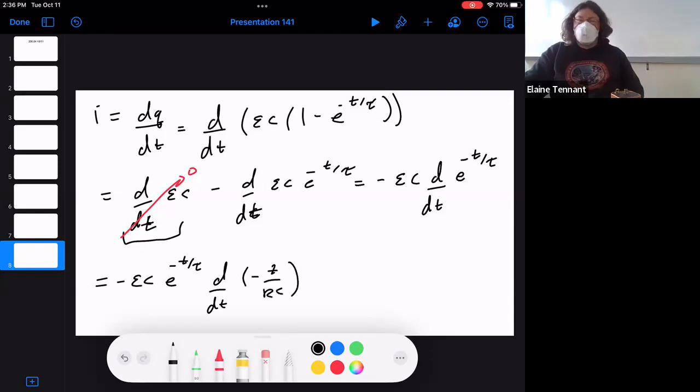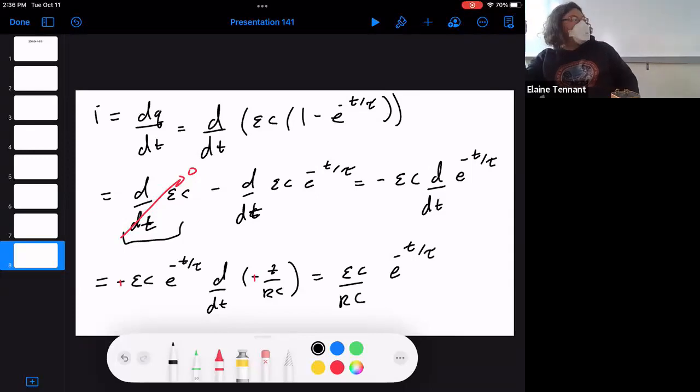I'm going to write tau out as RC at this point, because the derivative of the inside is going to be negative 1 over RC. So first off, my minus signs go away, and I have EC over RC times e to the negative t over tau. I brought my tau back. Let's look at that. Clearly my C's are going to cancel, so those capacitances cancel out. What does the E represent again?